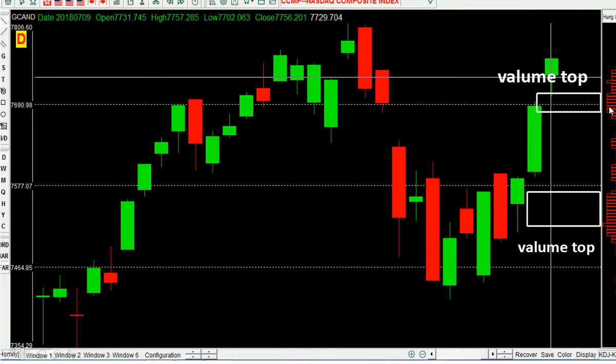So I know now the biggest volume area is this area and this area. So the biggest support area is here if the stock has a retracement. Okay, this is what I really wanted to tell.